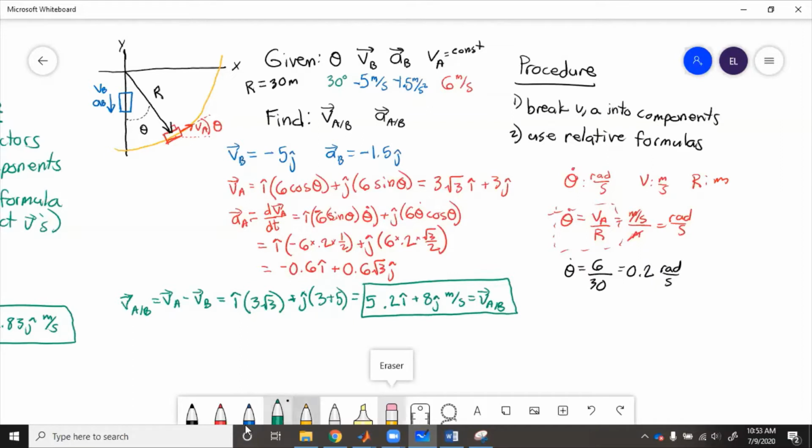And for acceleration, we have a similar process. Acceleration of A equals acceleration of B plus acceleration of A with respect to B. So for the i hat component, we have negative 0.6 from A. And then the j hat component, we have 0.6 square root of 3 minus this negative 1.5.